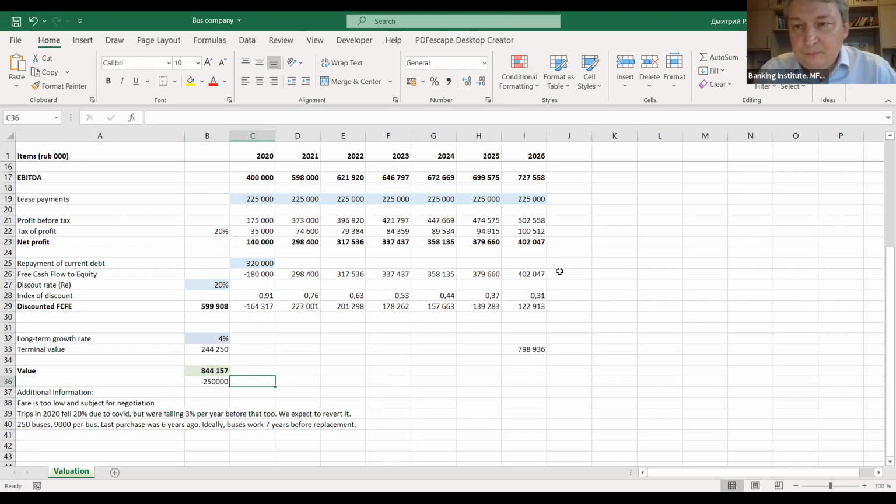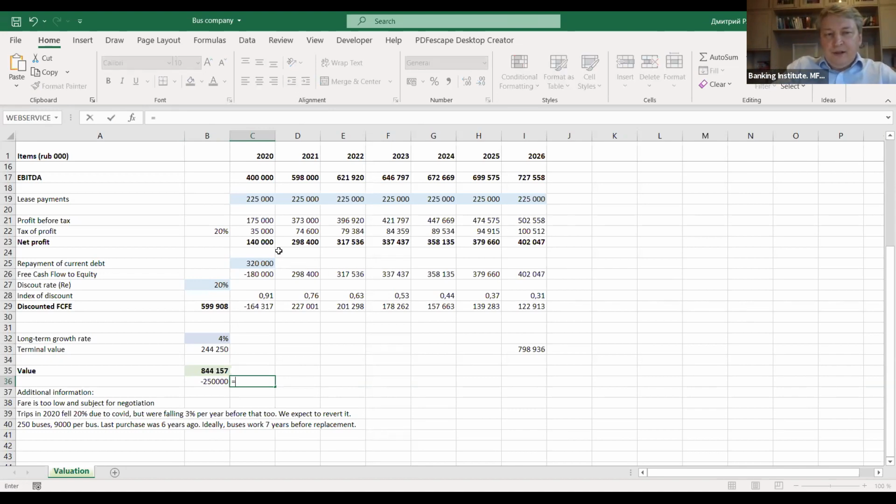Then we'll try to change the ticket price, and we're quite sure that we can do that, and we will pay for the other 50% of the company not immediately, but we will give you all 100% of the profit for this company until the moment you get 250 million rubles.